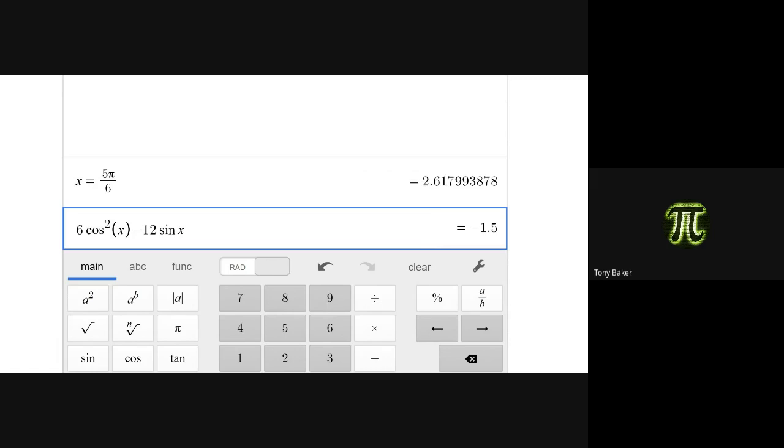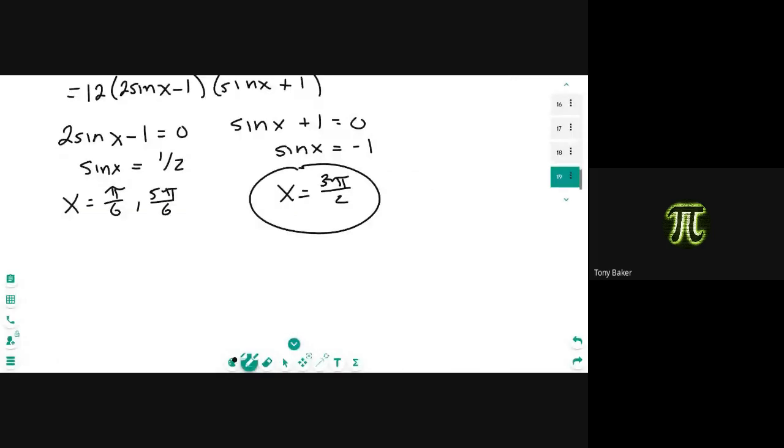Now the interval where it's concave up, you can look at the graph for that. If you're looking at your graph of the second derivative, so if you graph the second derivative, sine x, one.